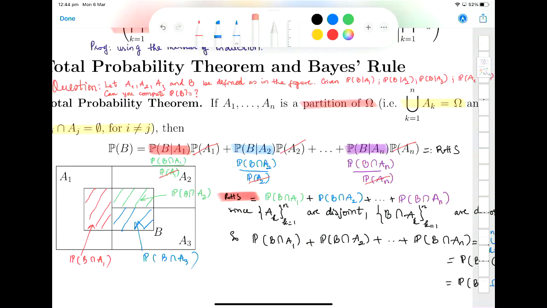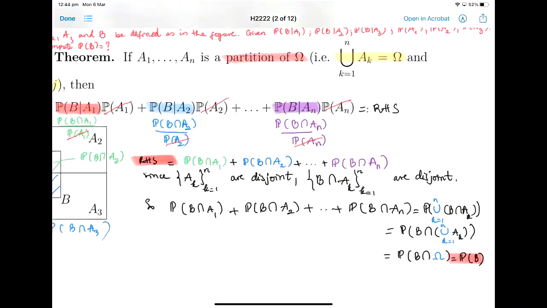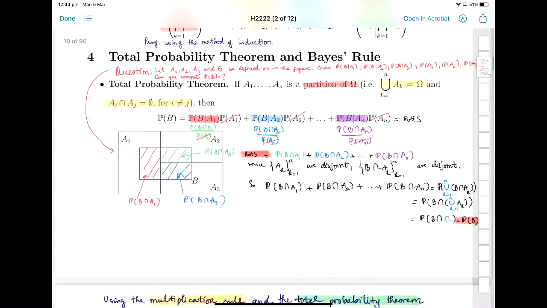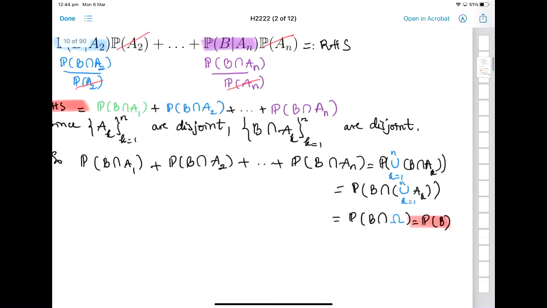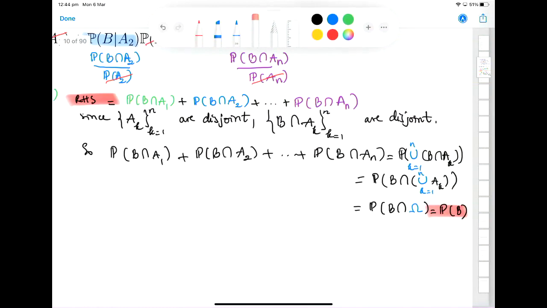So then we have the last one that comes from this. So since AK, for K from 1 to N, are disjoint, then the sequence of the set intersections B intersect with AK for K from 1 to N are also disjoint.